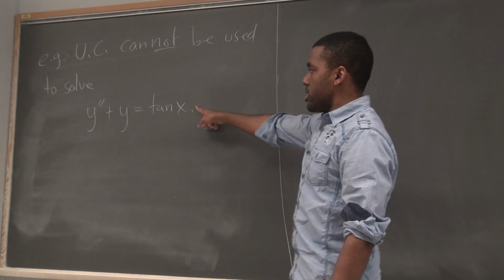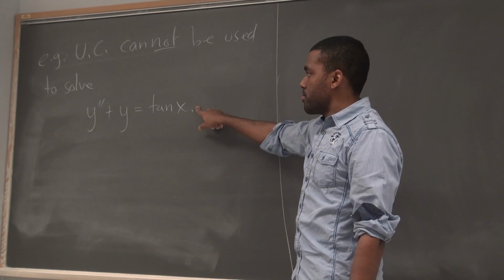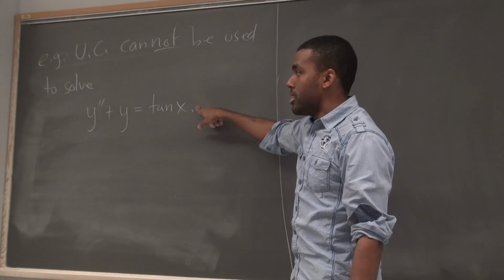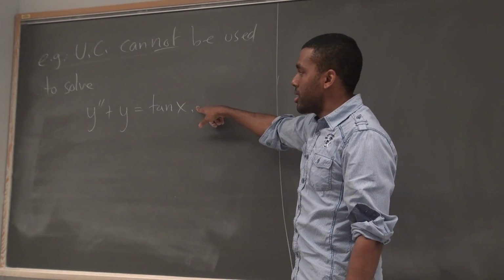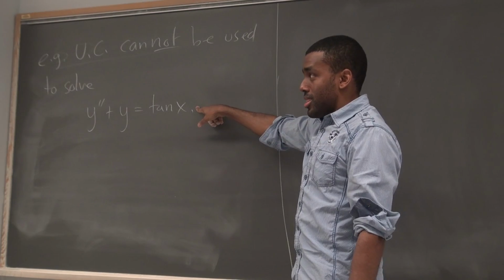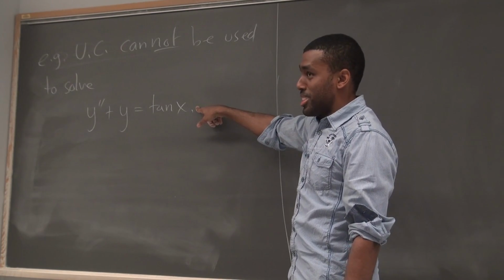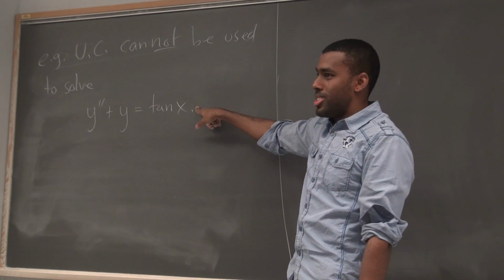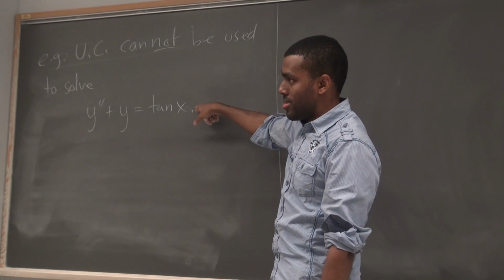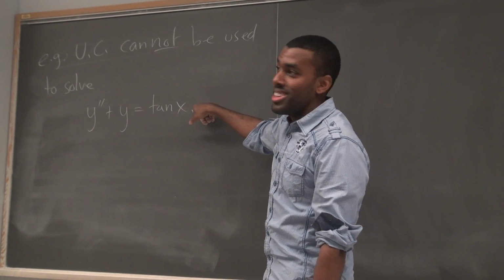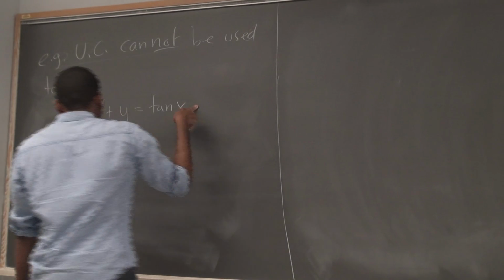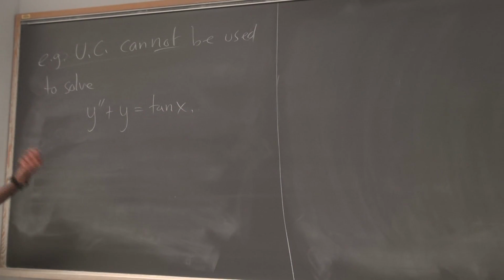Because what's the derivative of tangent? What's the derivative of tangent? Secant squared. And what's the derivative of that? Secant. See, I'm not the only one that doesn't know. Yes, 2 secant squared tangent x, right? And if you take the derivative of that, it gets worse. You have to use the product rule. You get 2 terms.